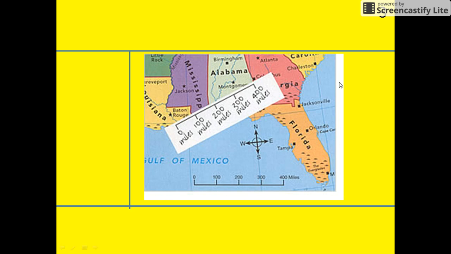So, for example, this is showing me that this little line, if I measure it with a ruler, equals 100 miles. If I measure from here to here, that equals 400 miles in the real world. So I can grab a piece of paper, line it up with this, put my mark, and I'll be able to put it on the map and show you about how far things are from one place to another in the real world.